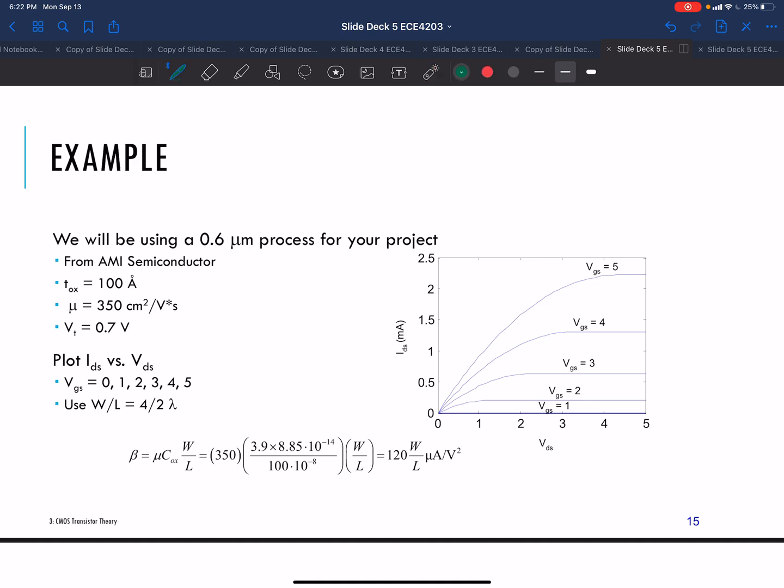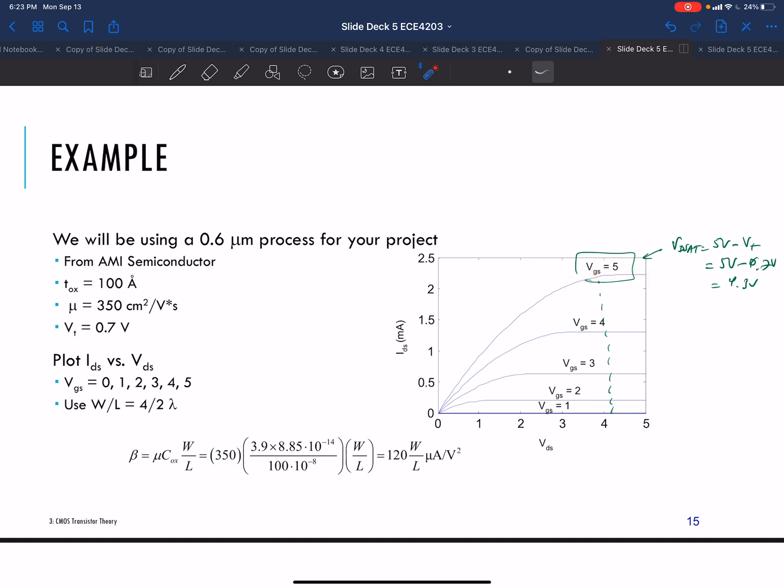So here VGS is 5 volts. So here VDSAT is 5 volts minus VT, or 5 volts minus 0.7 volts, or 4.3 volts. So notice it's sort of up out here where you get this inflection from the linear into the saturation.